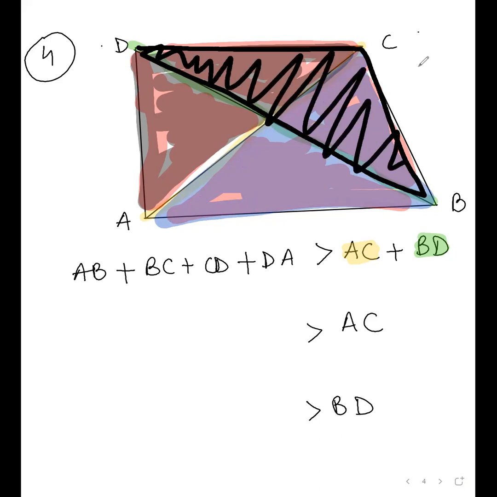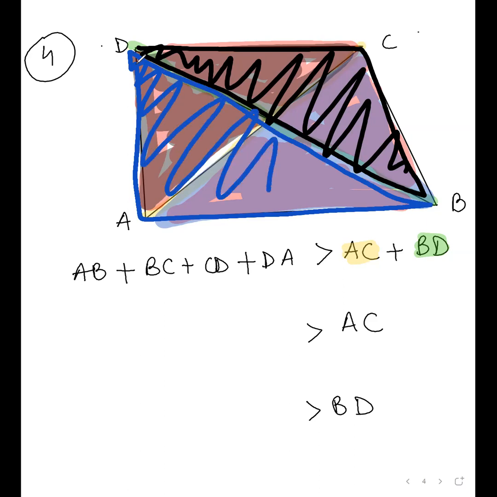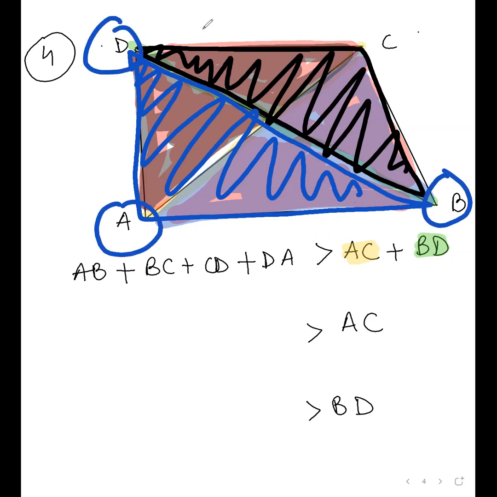And now can you see the one below? Yes, very good. What's its name, Hiba? A, B, D. Yes.